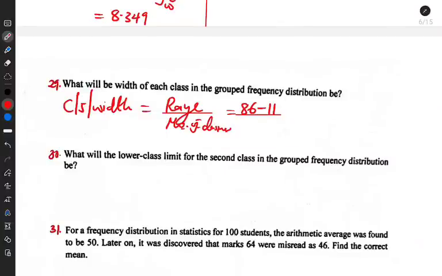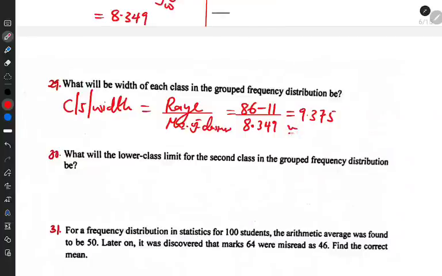Here, I will advise that you go by using the decimal power, which is 8.349. And you're supposed to get 9.375. You can confirm that with your calculator.